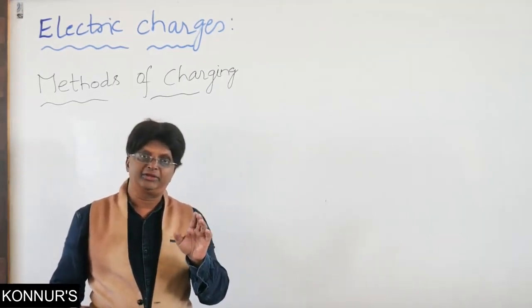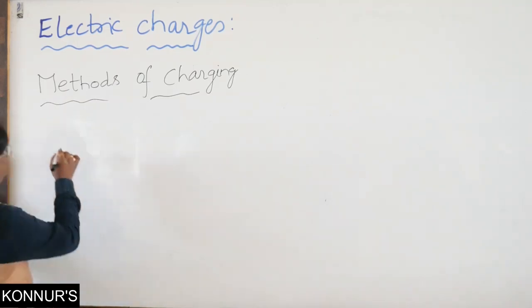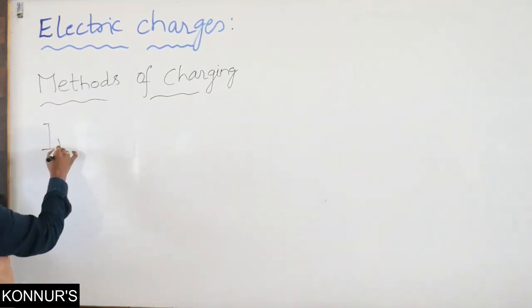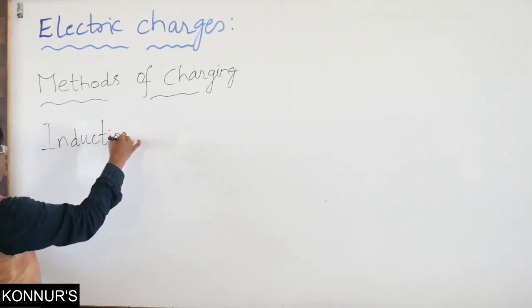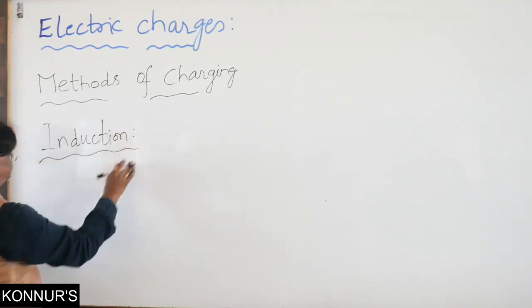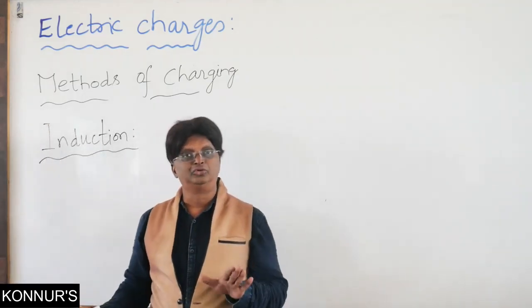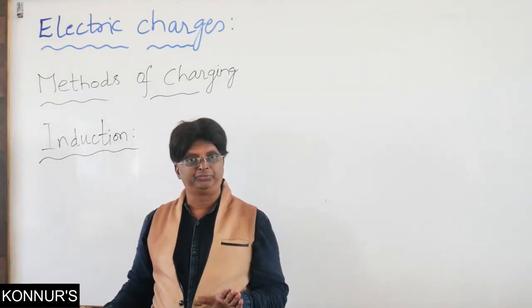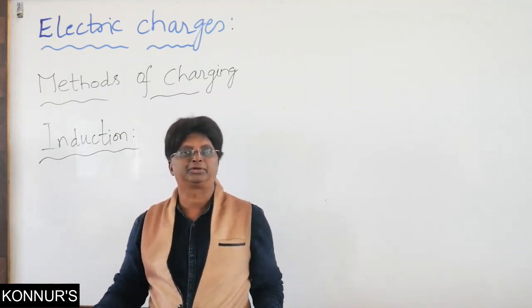Now it is another method, the induction method, charging by induction, I-N-D-U-C-T-I-O-N, right? Okay, induction. In this case, there is no physical contact between the bodies or the conductors that we are talking about.